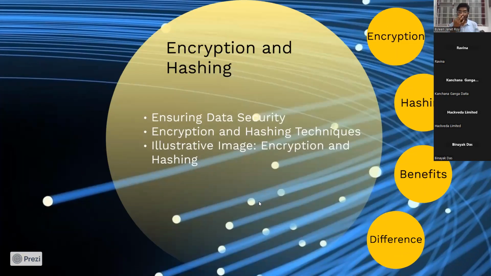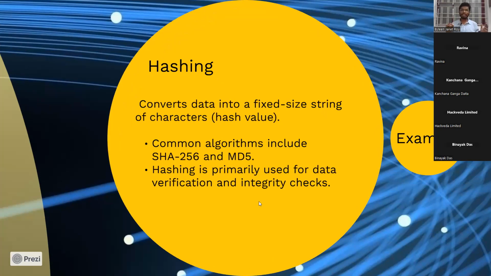And hashing. Hashing is when we use an algorithm to make plain text into a ciphertext. Ciphertext is a protected form of letters and so on. But here, it converts the data into a fixed-size string of characters.